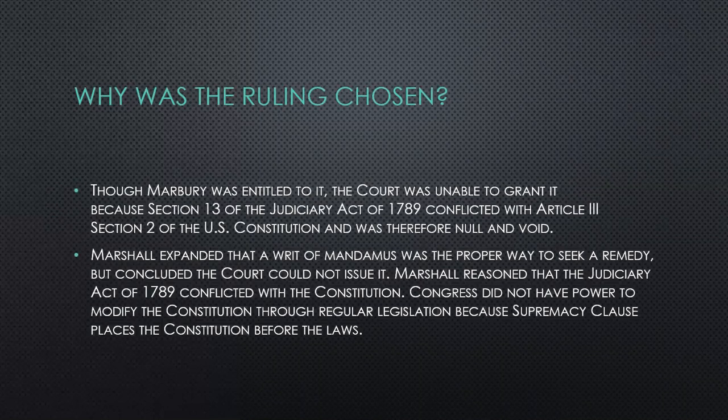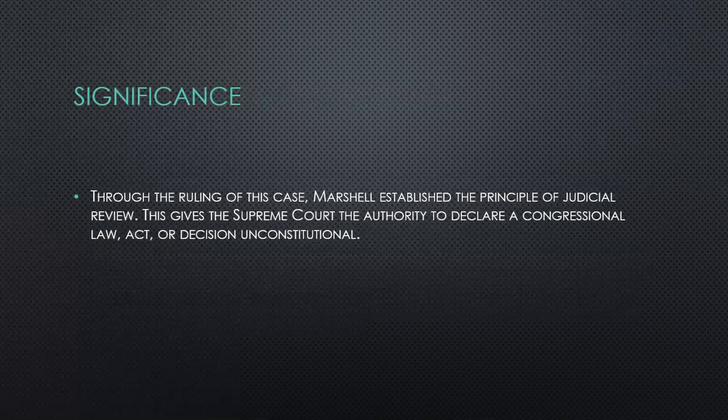From here, they are put in a position where it creates the basis for how the Supreme Court is going to work going forward. And so what they decide creates the idea, one, of judicial review, where the Supreme Court has the authority to find something unconstitutional, but it also situates them in a place where they are not an all-powerful entity.